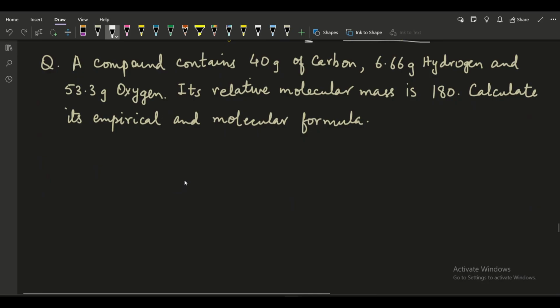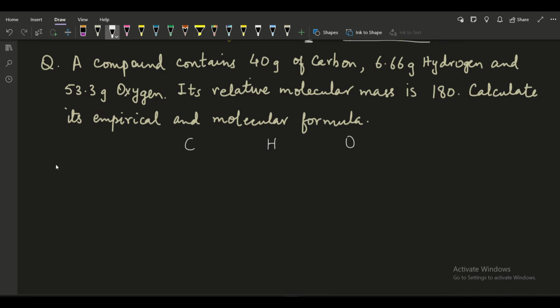Here in the example, it's written that a compound contains 40 gram of carbon, 6.66 gram of hydrogen, and 53.3 gram of oxygen. So first of all, write the elements which are given in the question. You have carbon, hydrogen, and oxygen.